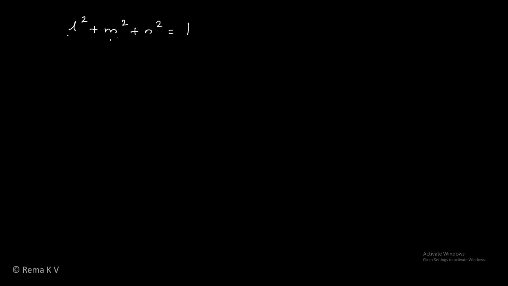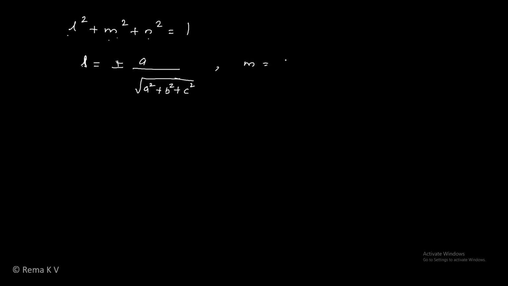See, l square plus m square plus n square is equal to 1, and since we are considering a line in space, we can write l equal to plus or minus a divided by root of a square plus b square plus c square. This is the magnitude.